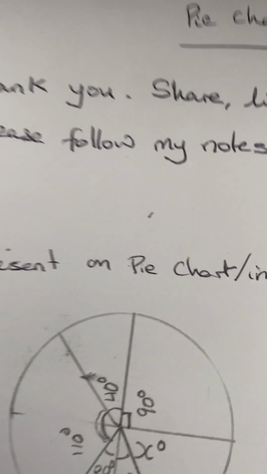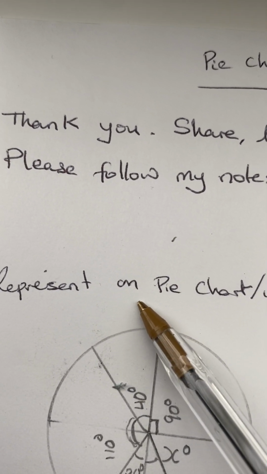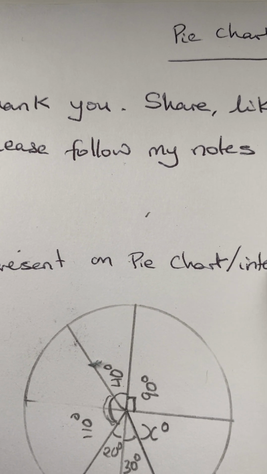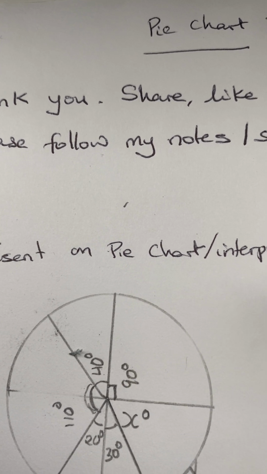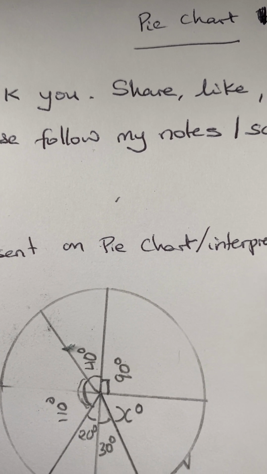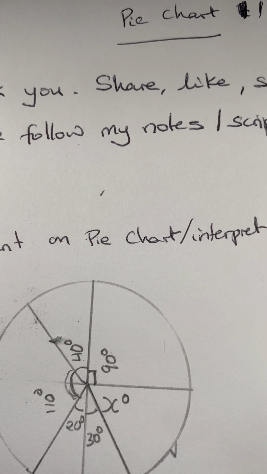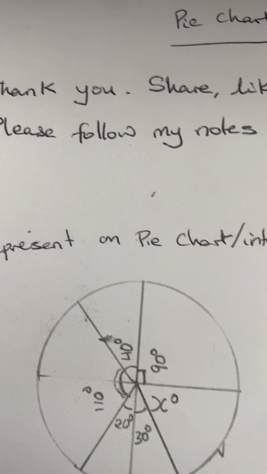Let's start today's lesson. We were talking about pie charts yesterday. I showed you how to draw the circle. I showed you the protractor, the compass, the pen, and a ruler, the things you need to use.